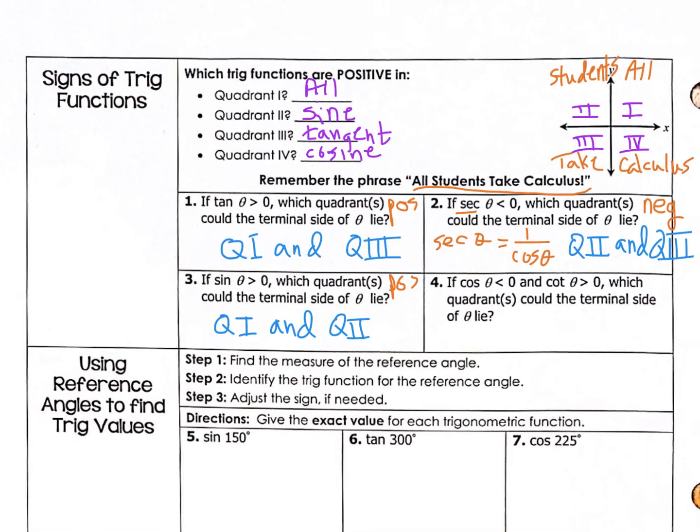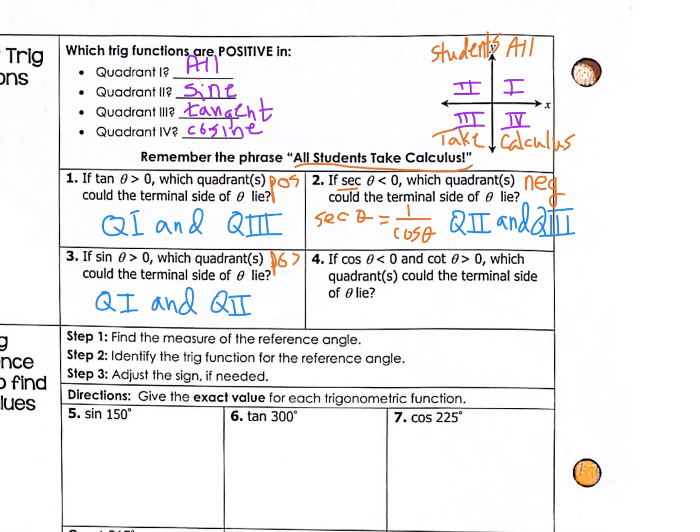All right, so question 4 is a little bit more involved, so I'm going to scoot my notes over here a little bit, because this time they're asking you if cosine is negative and cotangent is positive, which would be the same sign-wise as tangent. So we want to know in what quadrant cosine is negative and tangent is positive.